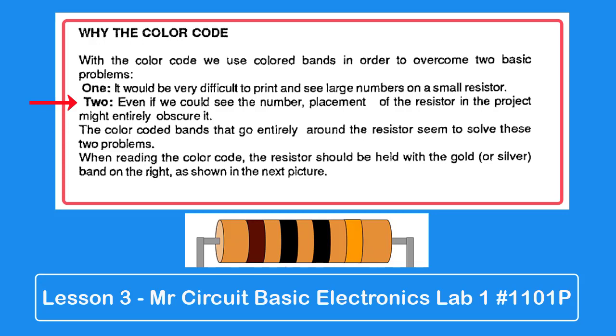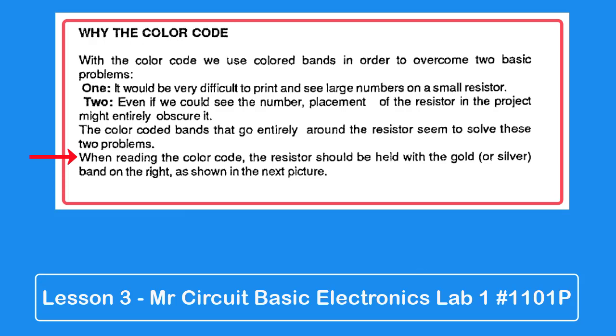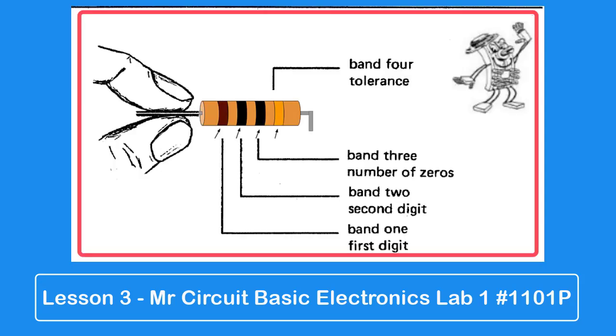You might have the resistor twisted in such a way that you can't read those numbers. The color-coded bands that go entirely around the resistor seem to solve these 2 problems. When reading the color code, the resistor should be held with the gold or silver band on the right, as shown in the picture on the upper right hand of this page.